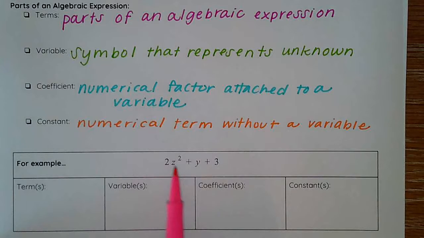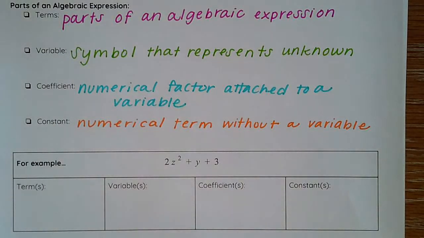So right here, 2z squared plus y plus 3 is an algebraic expression. We need to break down this expression and determine the different pieces of it. Let's begin. We need to identify first the terms.